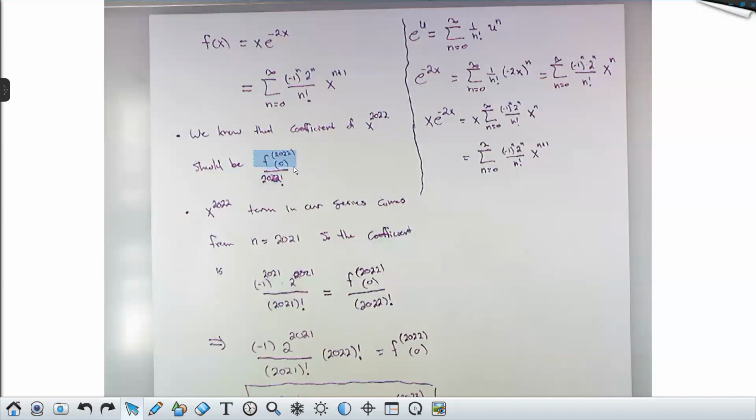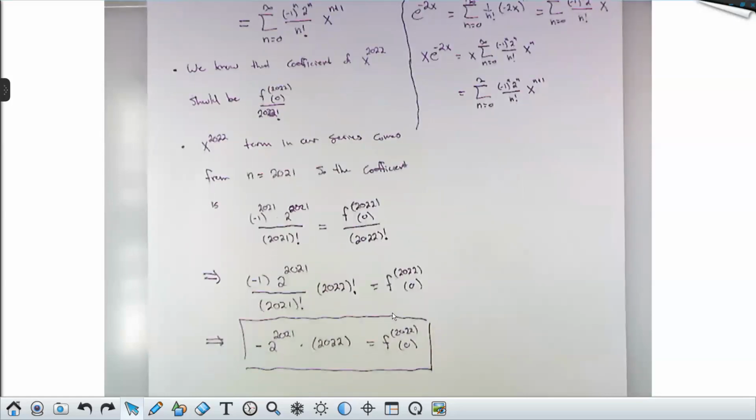The piece that I want is this. So when I set them equal here, I can then solve for this guy. So multiply both sides by 2022 factorial. Cancel the factorials carefully, right? Thinking of the definition of the factorial, product of numbers less than or equal to this, product of numbers less than or equal to this. And we get our answer.